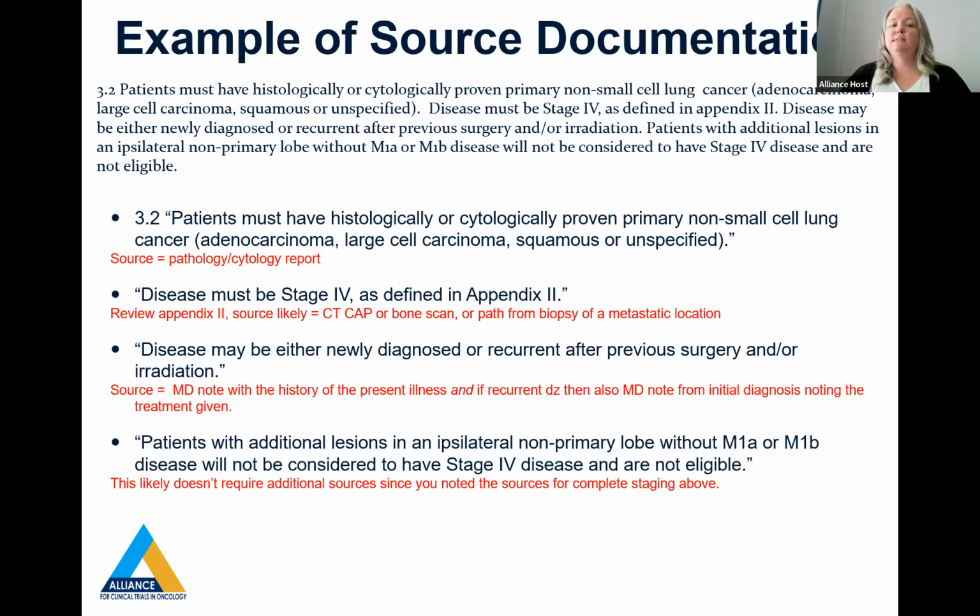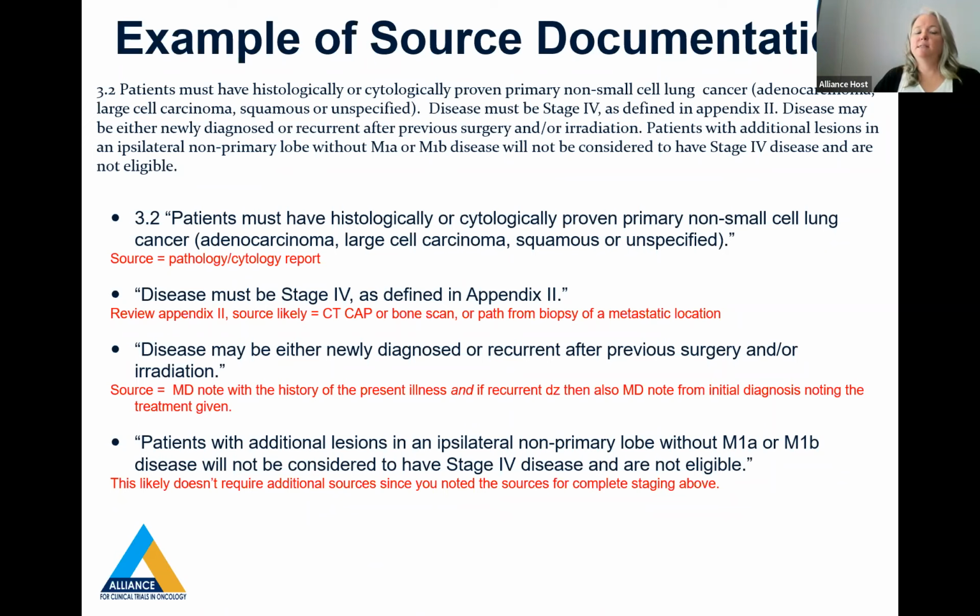Then the next one is the stage of the disease. So you want to go to that appendix where they're walking you through the staging. And then most likely the stage is going to be from radiographic imaging, CT, bone scan. Maybe it's a path report from a metastatic biopsy, or it could be all of the above.